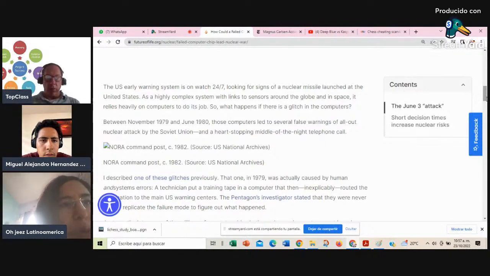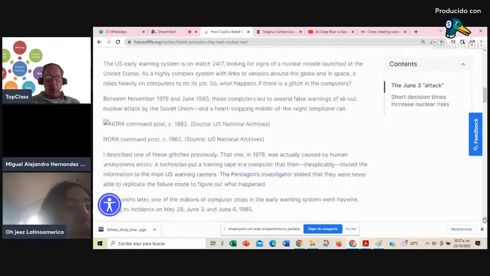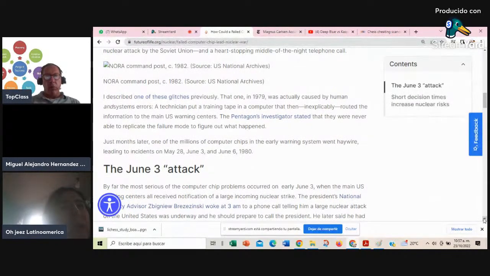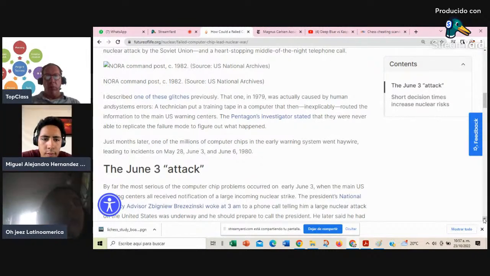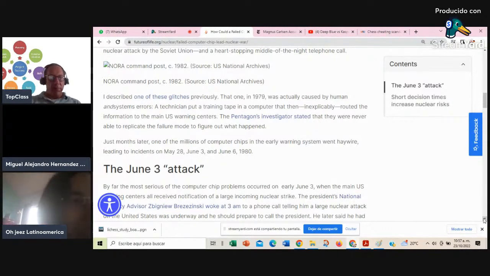A hard-stop, middle-of-the-night telephone call. NORAD command post, source: U.S. National Archives. I described one of these glitches previously, the one in 1979, which was actually caused by human and system errors.